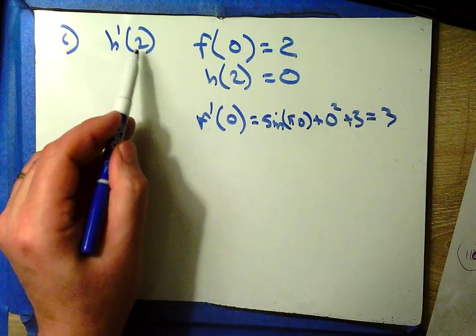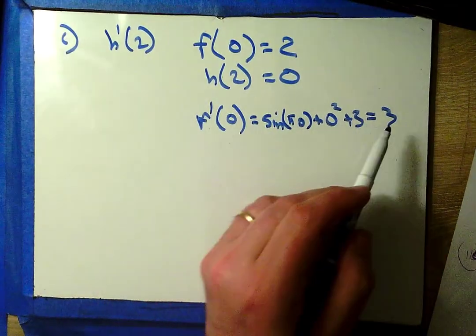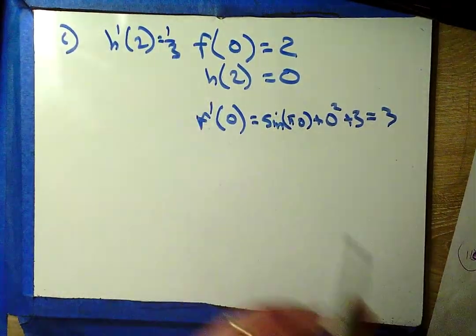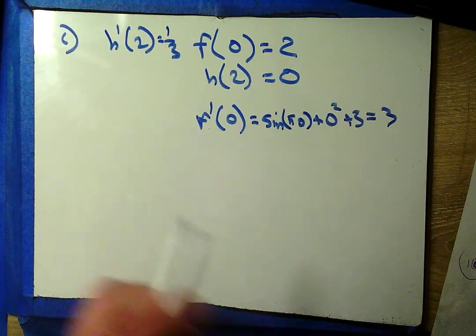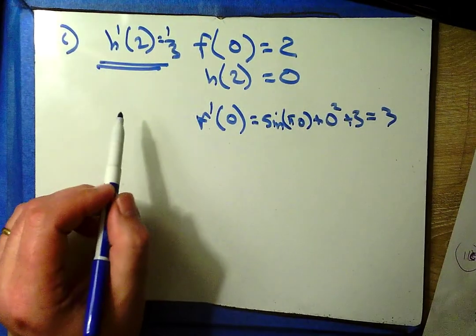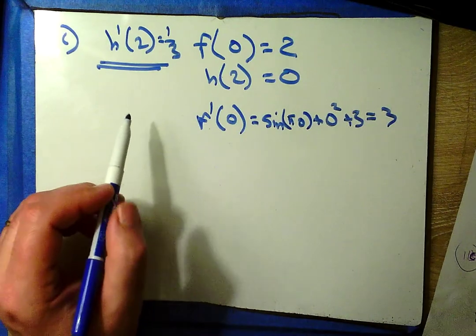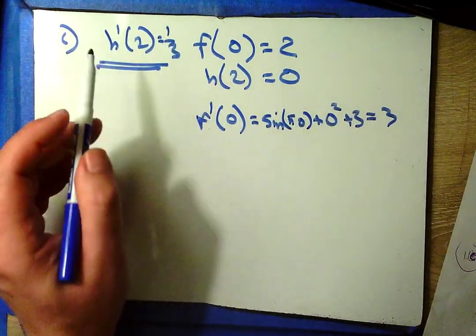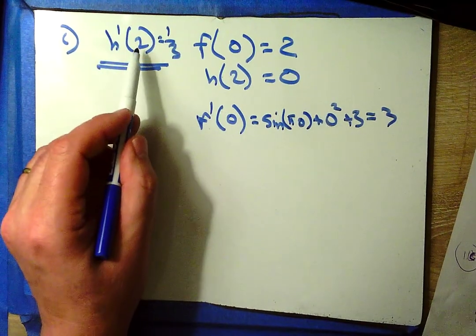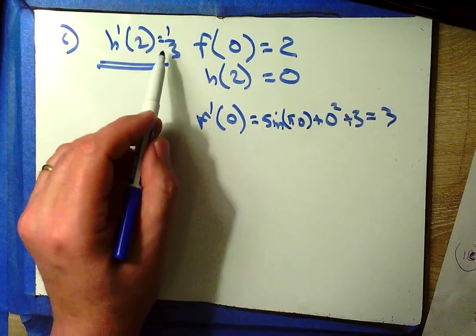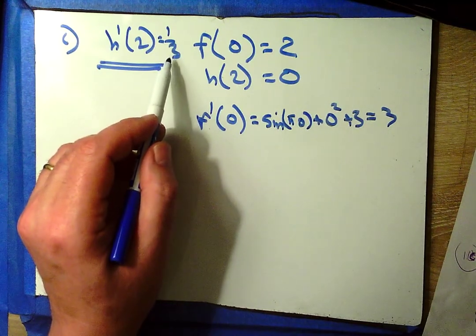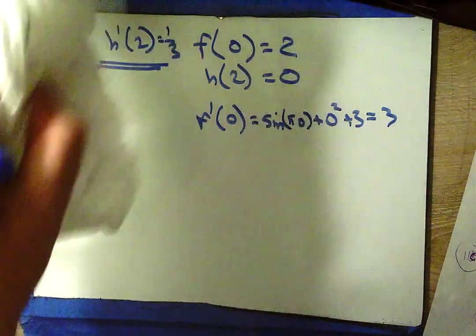So at the inverse point, the slope must be the reciprocal of this slope, and I get 1/3. 1/3 is the slope on H at 2. The slope on the original function at the original point is 3. The slope on the inverse function at the inverse point is the reciprocal of that original slope at the original point, therefore 1/3. Okay, there's 11. Let's take a look at 12.